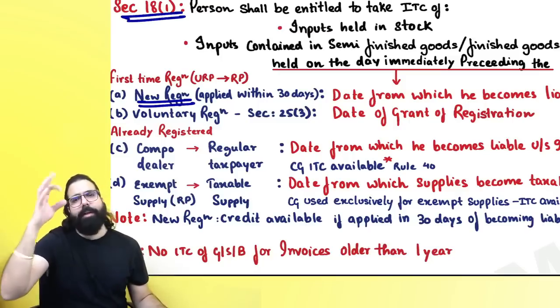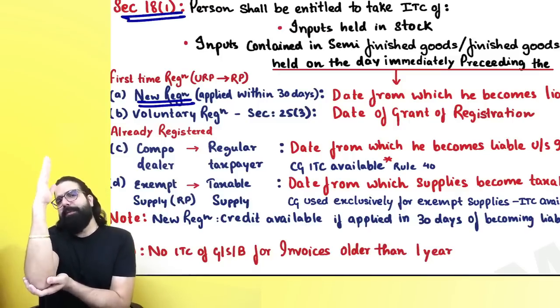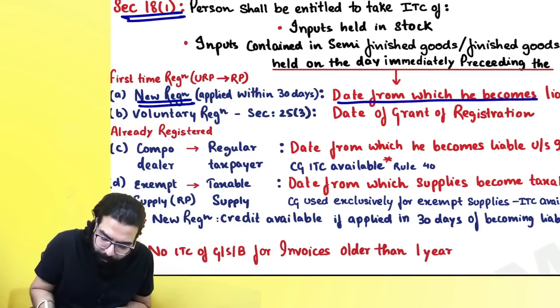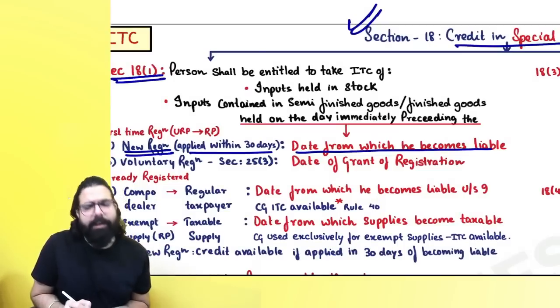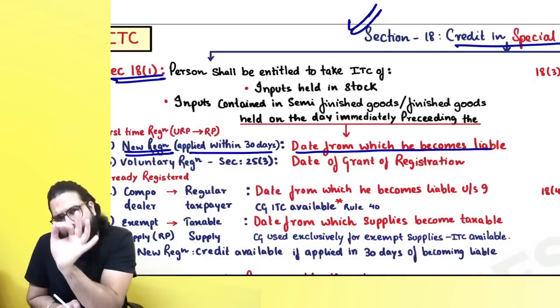Always remember one thing. The date of becoming liable, if your registration is effective from then, then 1 day prior, because you have applied within 30 days and the registration certificate is granted, valid from the date of becoming liable.